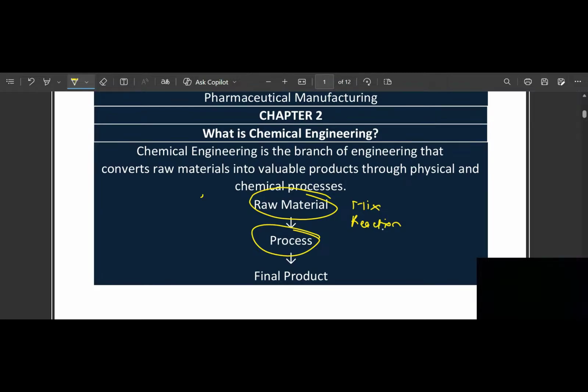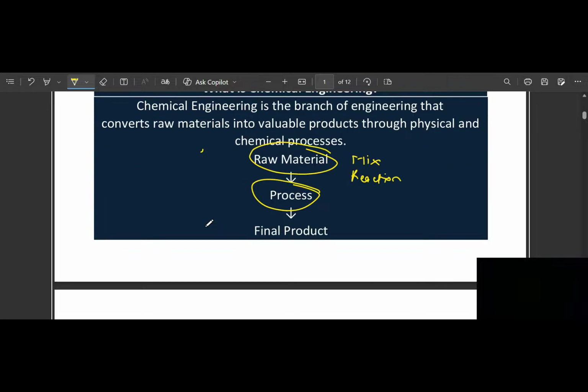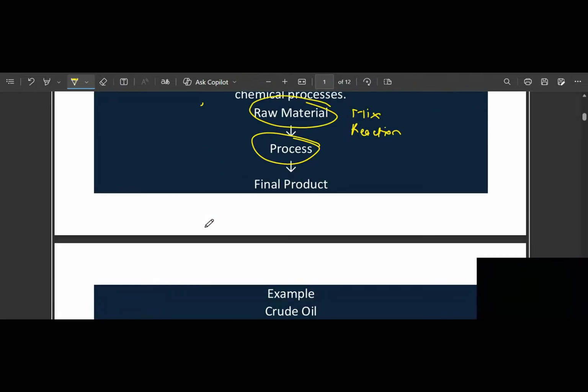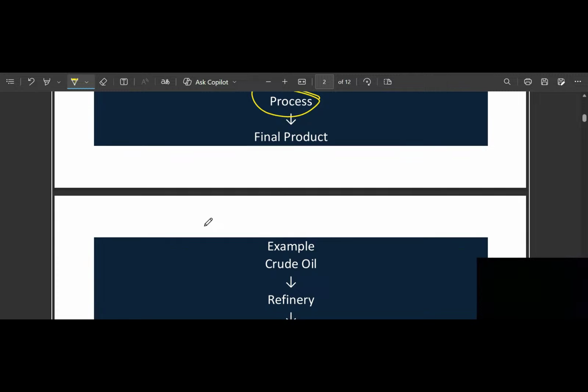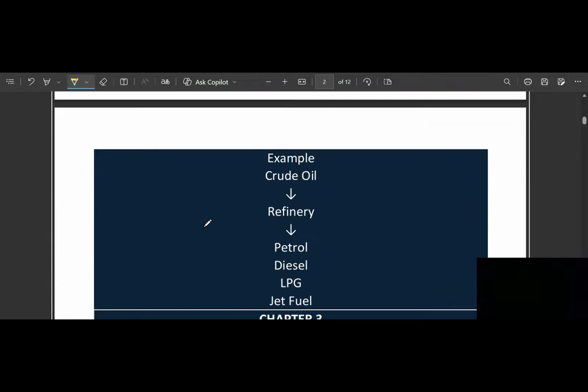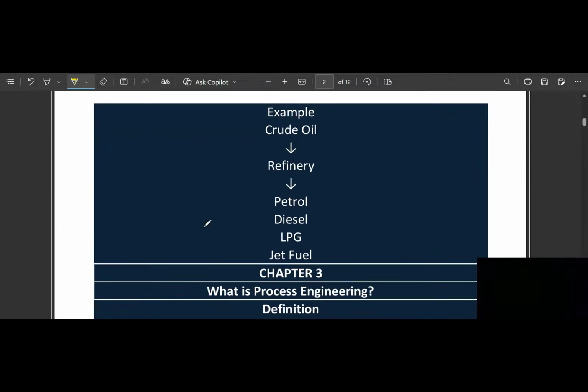In process industry we usually use unit operations, and in unit operations we need to use a lot of equipment or process plants. For example, crude oil. From crude oil we extract multiple products from the refinery, like petrol, diesel, LPG, jet fuel, and so on.